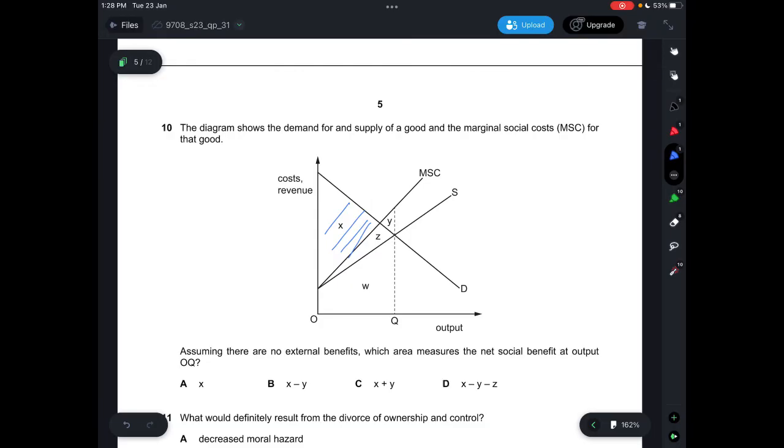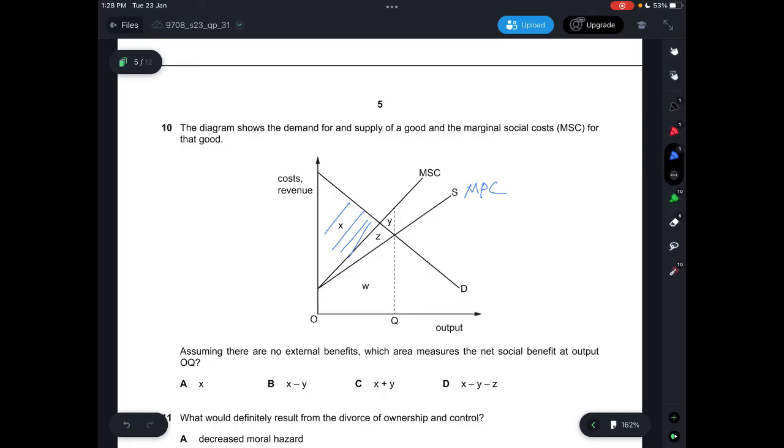But if you were to produce at OQ, you realize that your marginal social cost is higher than your marginal private cost. Although it's not listed here, your marginal private cost is actually lower than your marginal social cost.